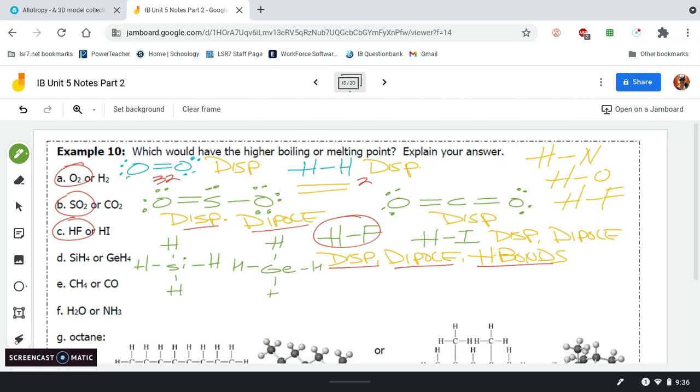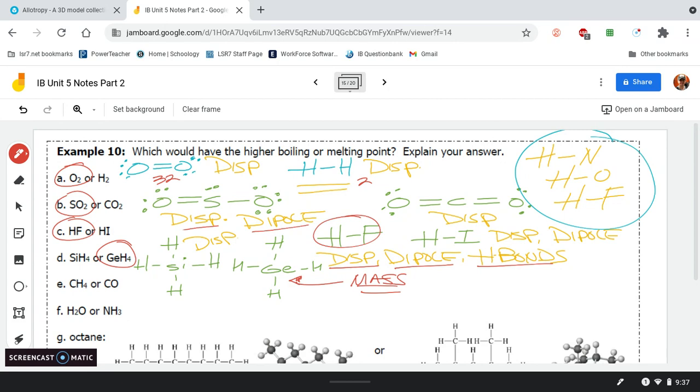They're going to basically both look like that. Both of them only have dispersion because they're not polar. So they can't have dipole, and they don't have H to F, N, or O. So once again, H bonds have to be those specific attachments. So these are just dispersion. So we have to go to mass. If you go to the mass, the germanium weighs a little bit more than the silicon. And so you would use the germanium because we would use the more mass. So the mass is going to be the tiebreaker there.